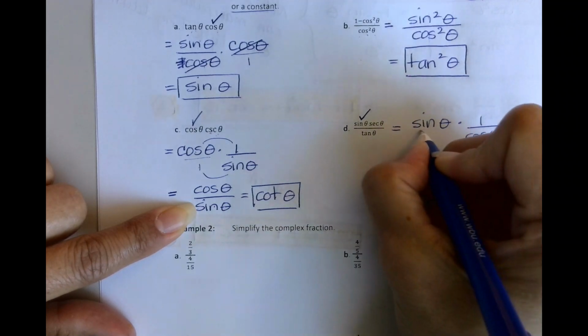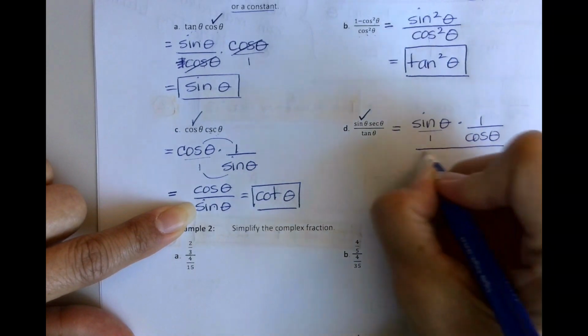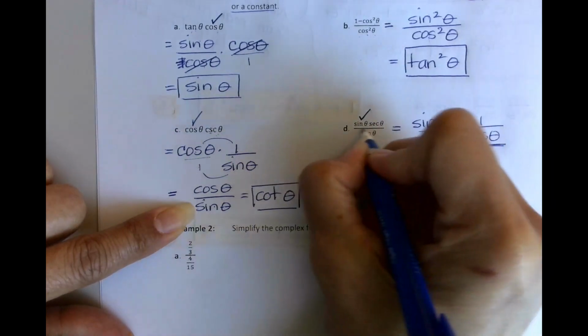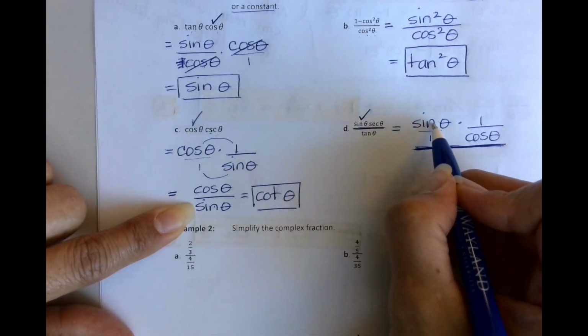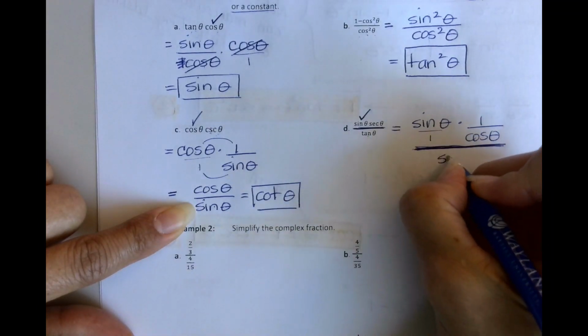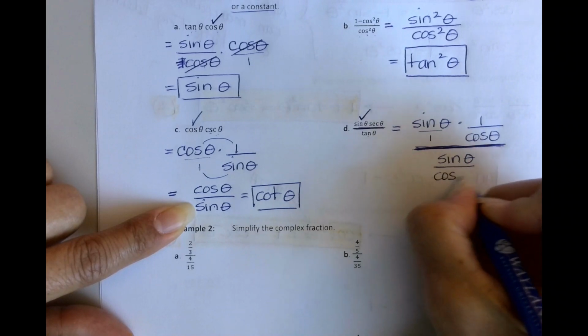And you can put a little placeholder here to help you. I'm going to put my division symbol. Now this division symbol is this one right here, okay? Just so you're wondering. Because sine was this one, secant is this one, tangent is sine over cosine. Sine theta over cosine theta.